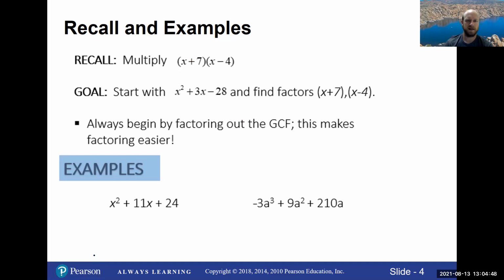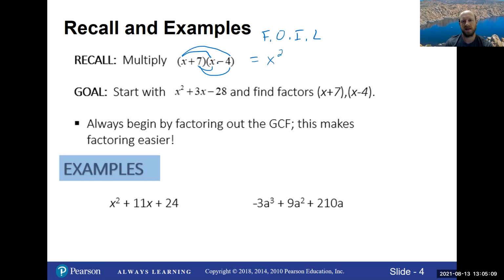So remember FOIL, we take the first terms, then the outside terms, the inside terms, then the last. So I could do x times x is x squared.